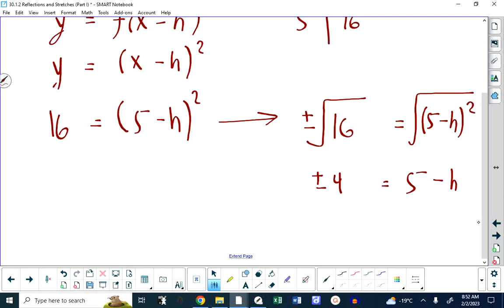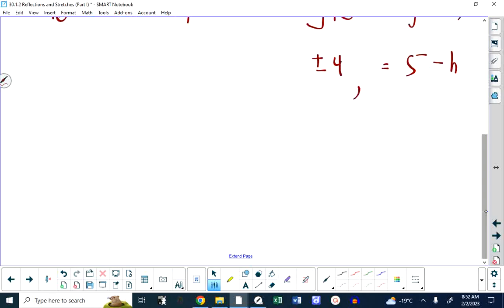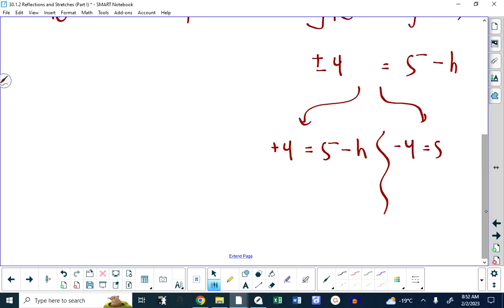That's just one path, but it branches off now into 2 equations. This one path has 2 solutions. One of the solutions is what you will get when you solve this equation, and one is what you will get when you solve this equation. I'm not going to spend time solving those equations. They're 2 linear equations. You'll get 2 different answers.